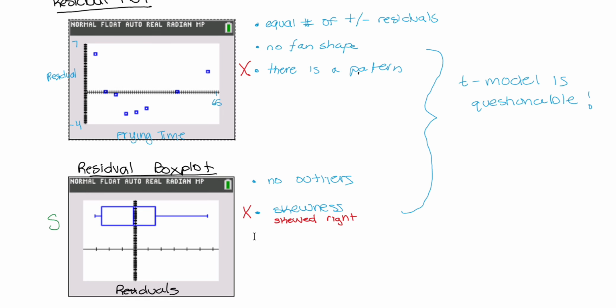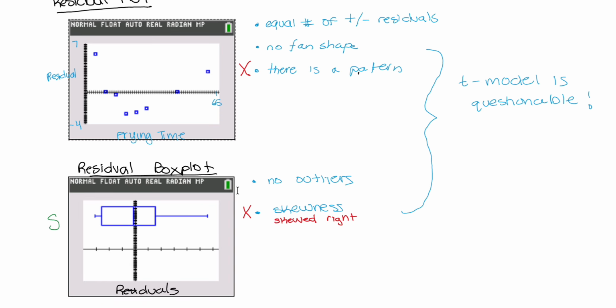What's that? Well, you're going to go into your calculator and hit box plot, but instead of using L1 and L2, you're going to use resid for your x list and leave frequency as 1. And then you will get a graph like this.